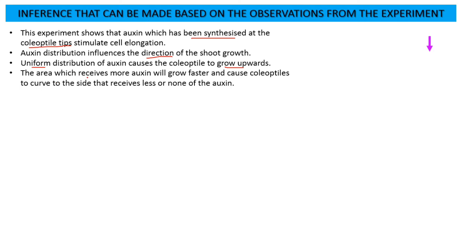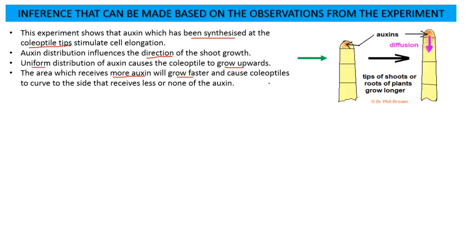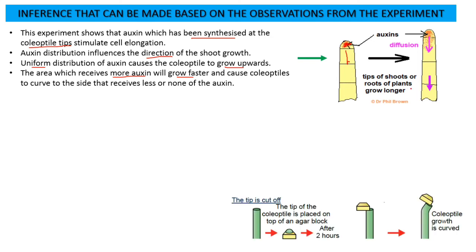The area that receives more auxin will grow faster, causing the coleoptile to curve to the side that receives less or no auxin. Auxin is produced at the tips of the coleoptile and then diffuses to the elongation zone, so it makes the plant grow longer.